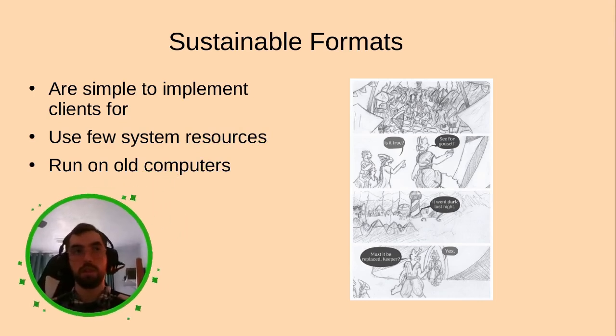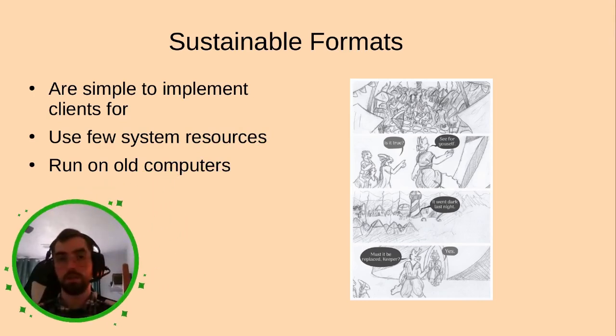A similar concern is sustainable formats, and by sustainable, I mean being able to keep doing an activity for a long time, even with infrastructure disruptions or collapses. So sustainable formats are simple to implement clients for. AMB is an example. The specification is really small.